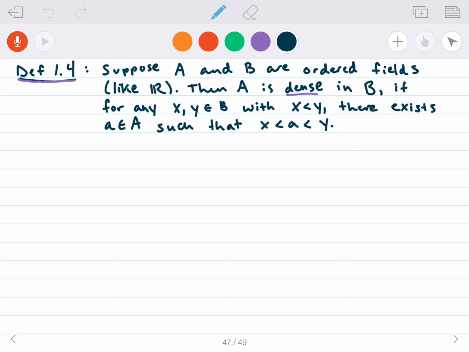So like here's your x and your y, and being dense in the set B, so x and y are from B, means that you can always find a little a that's in the other set between them.